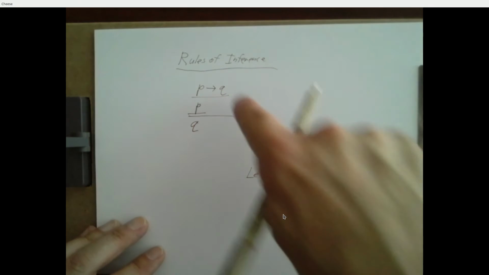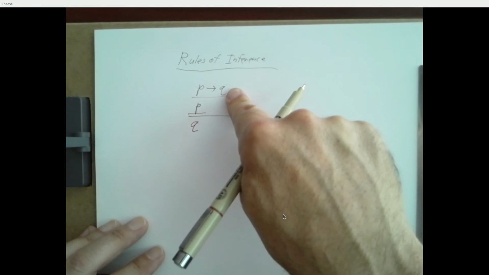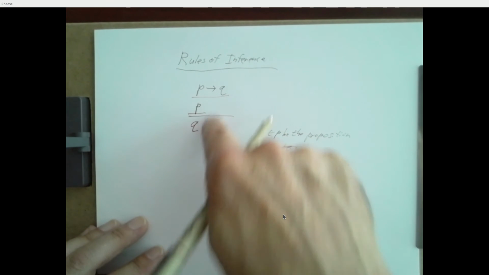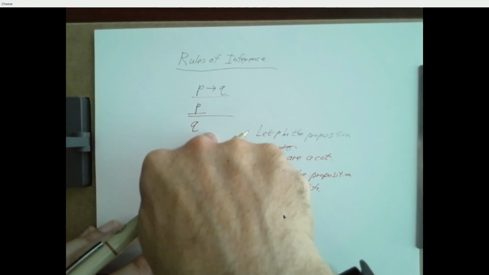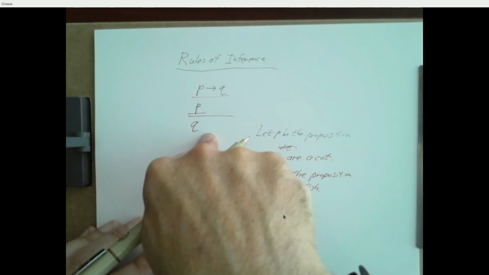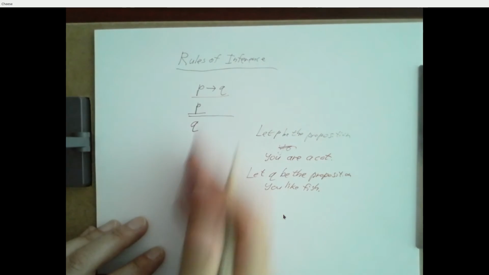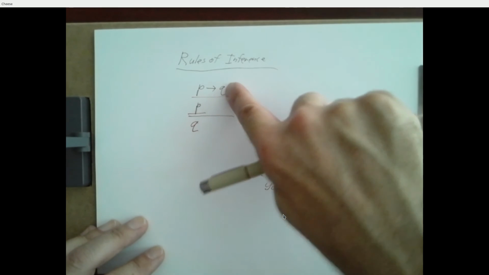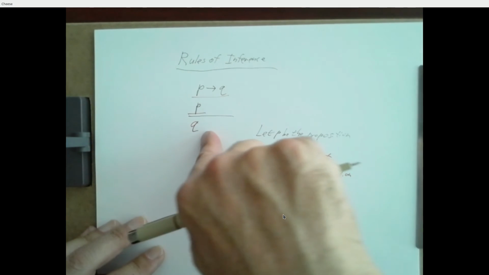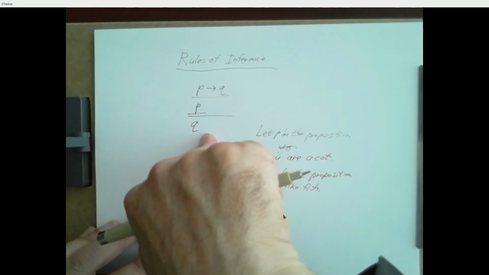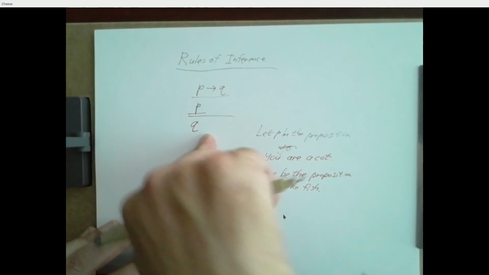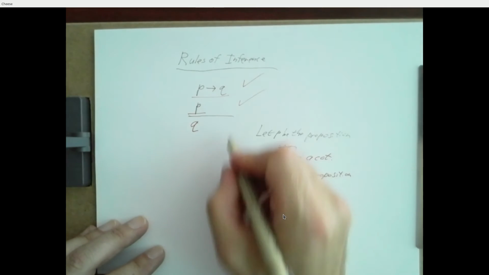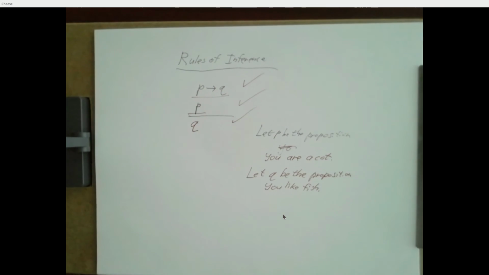If it's true that if you're a cat you like fish, and if it's also true that you are a cat, I can guarantee therefore you like fish. And this is not saying anything about the truth of any of these individual statements. It's saying something much broader. It's saying if these two things are true, then this conclusion is true. It's a subtle difference, but it's important.